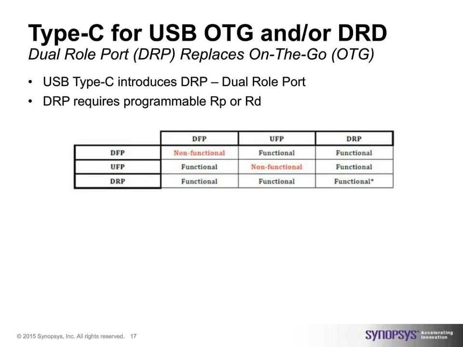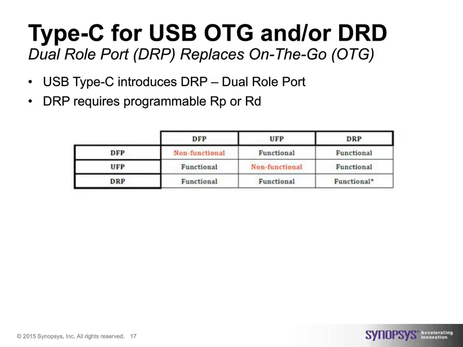And connecting two devices together, no, that won't work either. So in Type C, we've got something called a dual role port, which replaces On-The-Go. If you're going to do a dual role port, you have to have programmable pull-up or pull-down resistors so that you can signal to the other end if you're going to change roles.